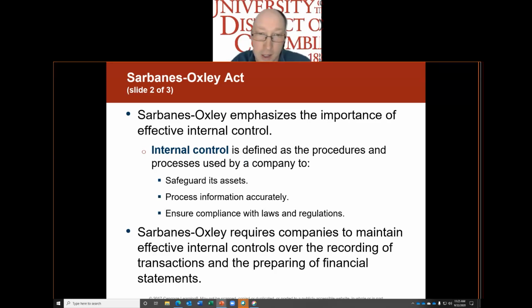And assets also include people. The people, the inventory, the building, the equipment, all of these are assets, right? The cash, obviously cash is an asset, you know that. So things like that safeguard assets. Process information accurately.